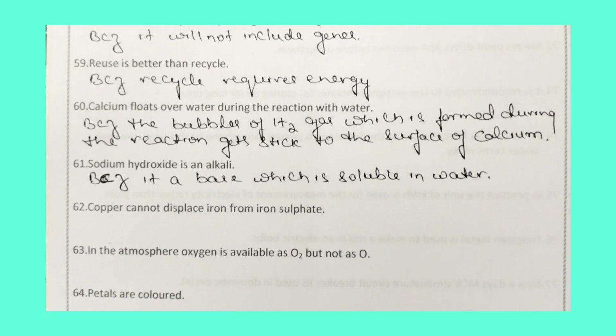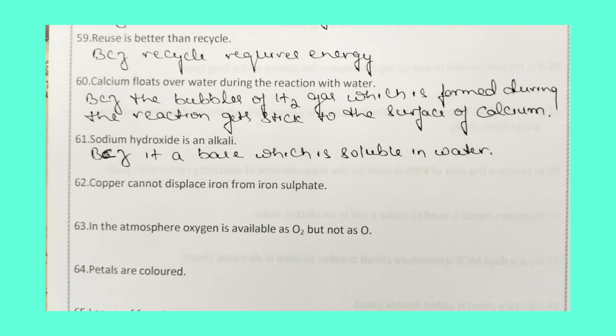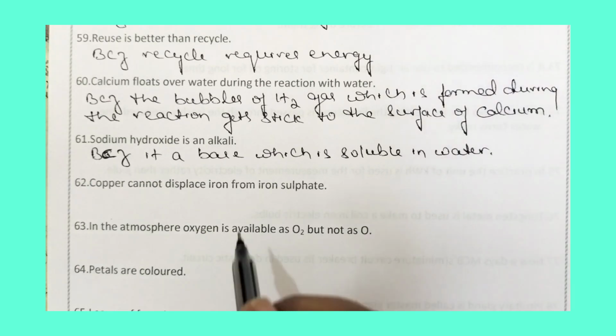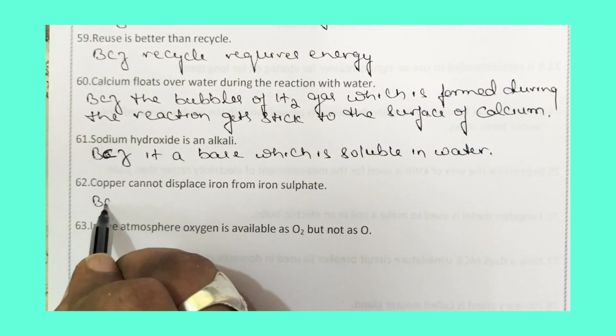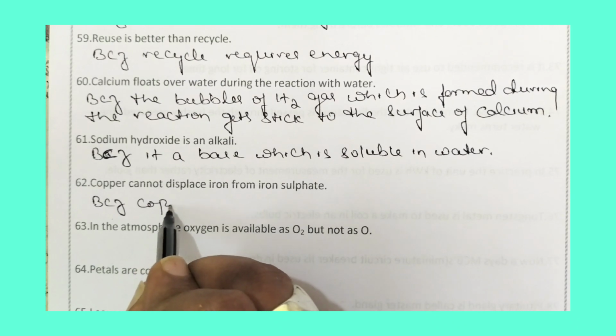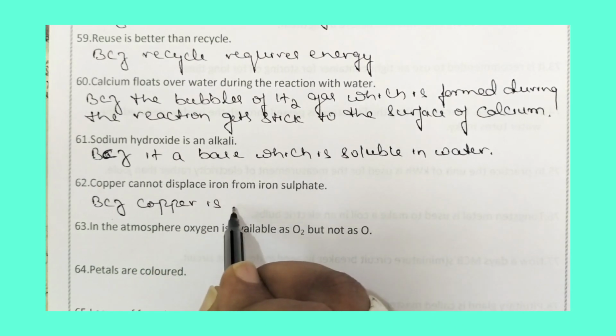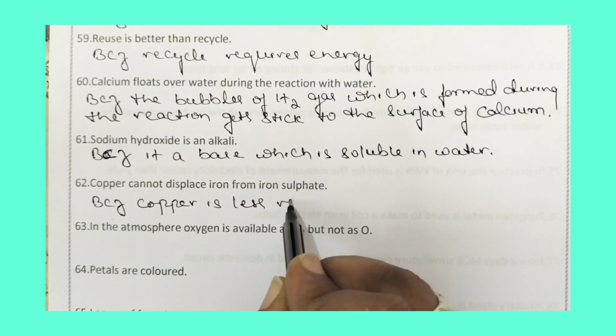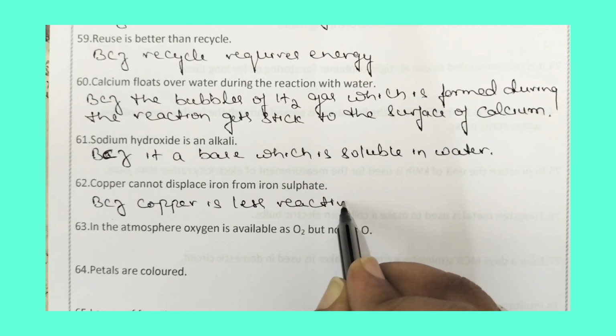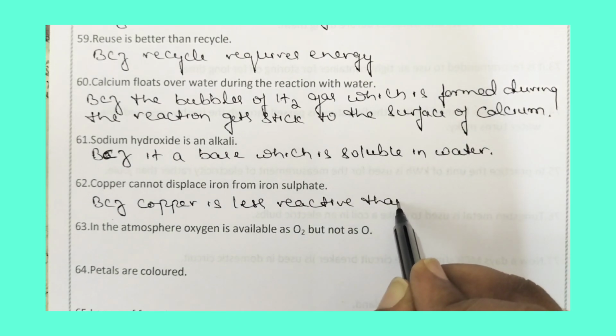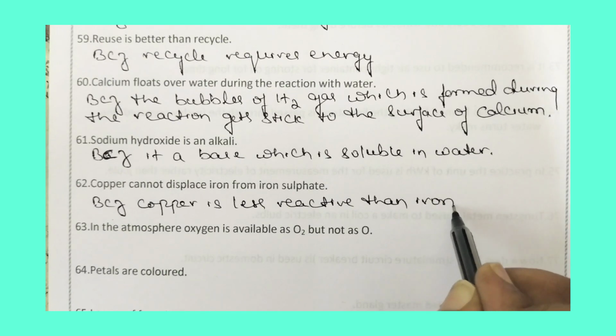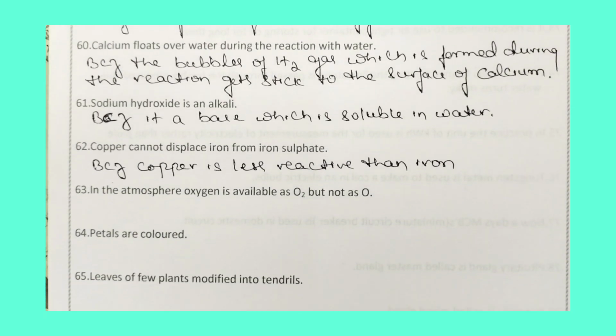Next, question number 62. Copper cannot displace iron from iron sulfate because copper is less reactive than iron. Next, 63.